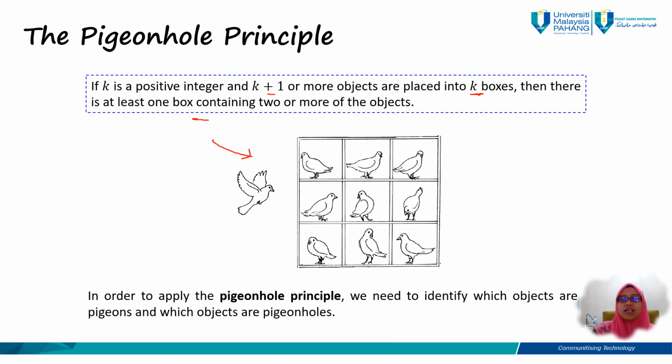That means there is a pigeonhole that has more than one pigeon. So in order to apply the pigeonhole principle, we need to identify which objects are pigeons and which objects will become the pigeonholes.